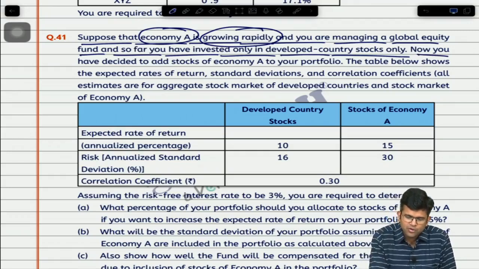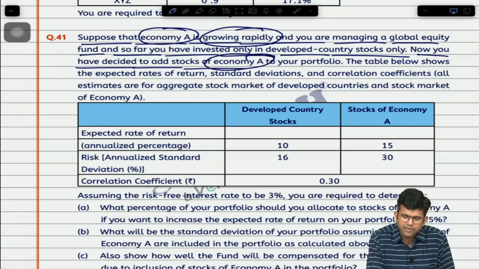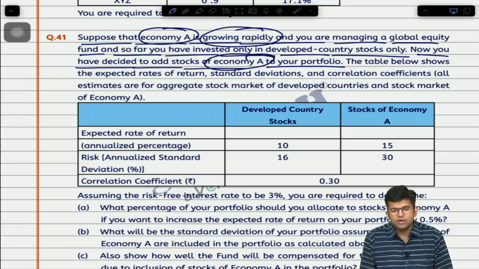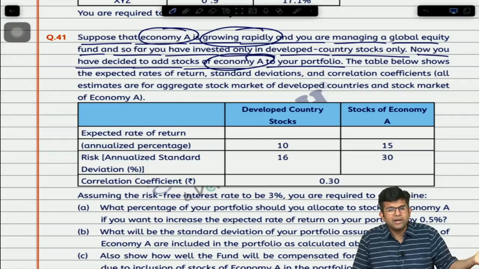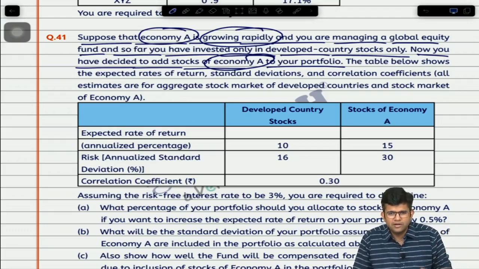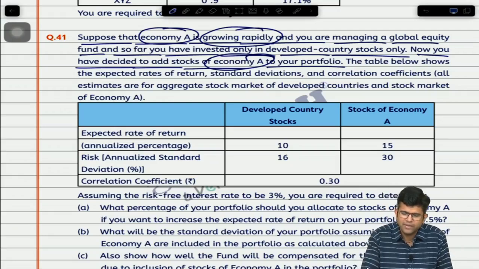Now you have decided to add stocks of British companies to your portfolio, because you are saying that India is such a huge and developed country, there we have already invested, but now this other country is also improving. So the growth rate must be high, so we will invest a little bit there, because the growth return will be high.